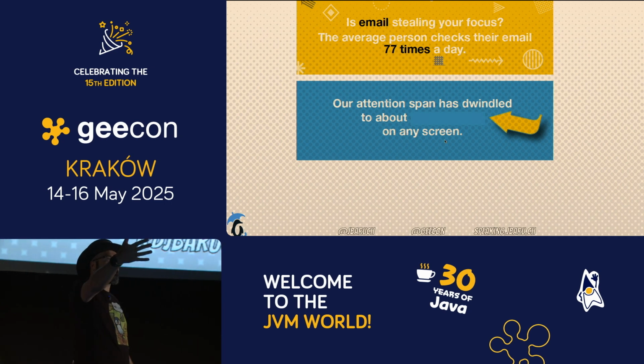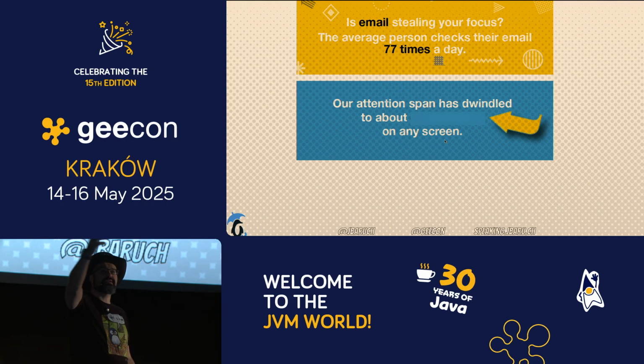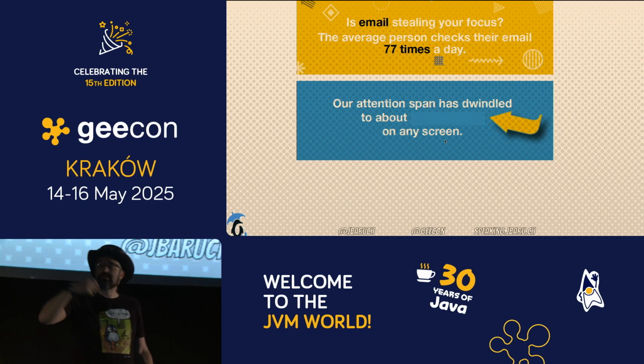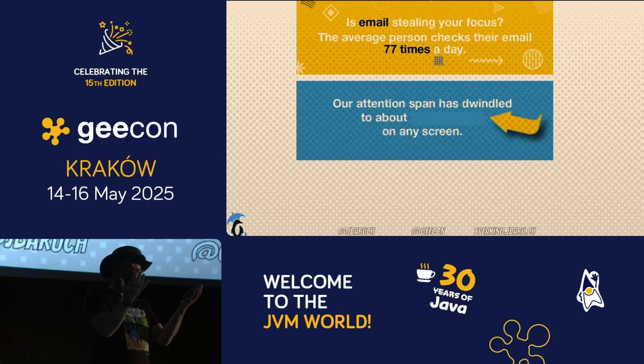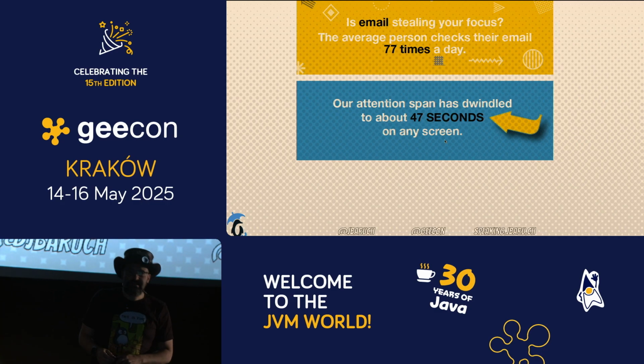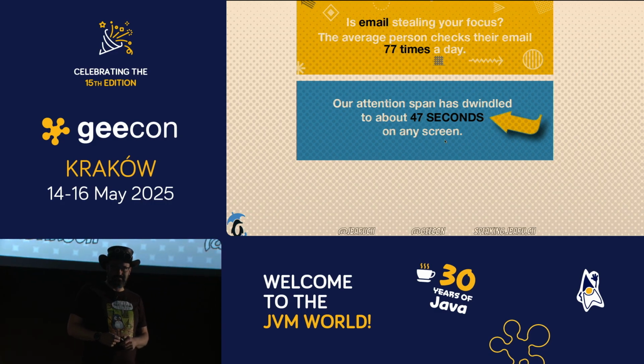Reading email, how long are we looking at the screen? 15 seconds, 10 seconds. Reading Slack, how long? 12 minutes. Okay. Average of that, how much time on every screen? 3 minutes, 47 seconds. That's not a lot.